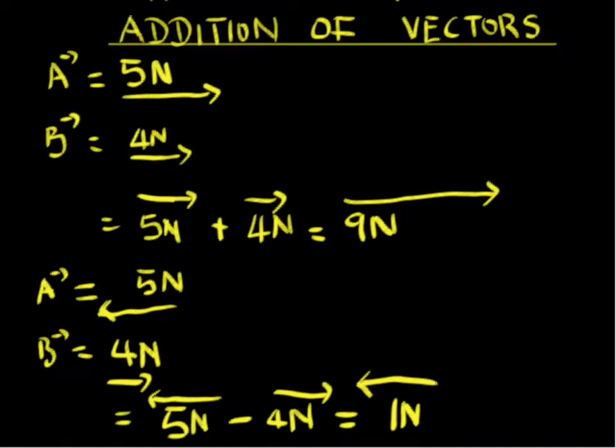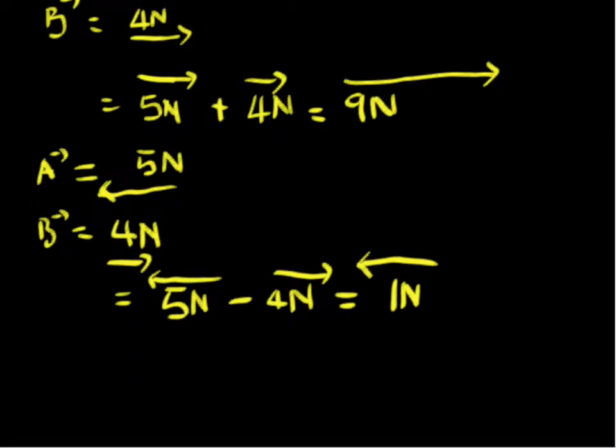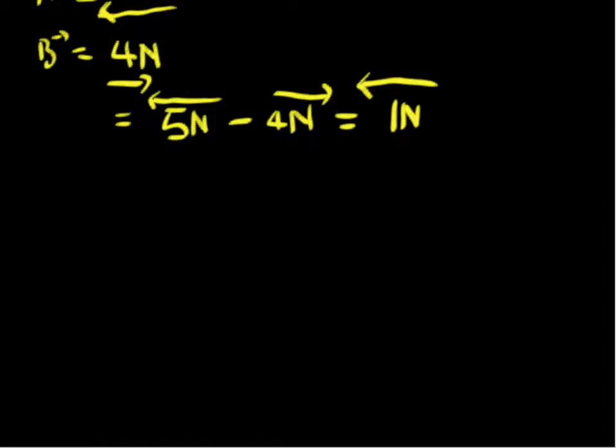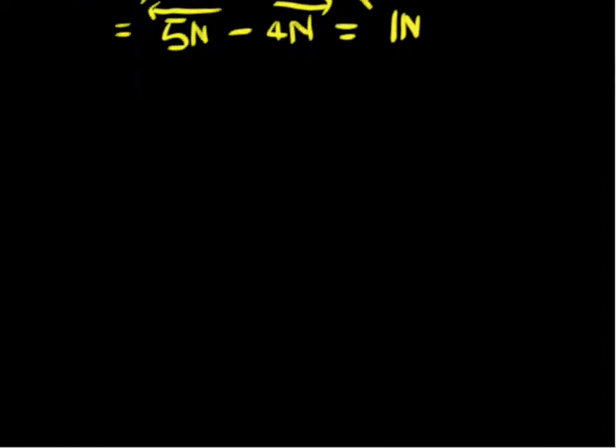Now if we have two vectors inclined at an angle to one another, we won't be able to add them up using this method. Why so? Because of the angle between them. Say a man walks 3 kilometers due east and then walks 4 kilometers due south.